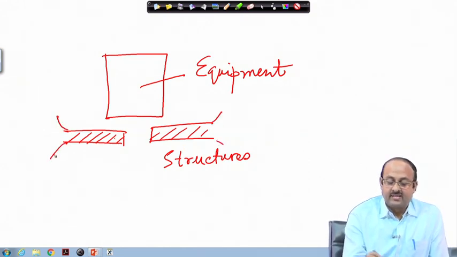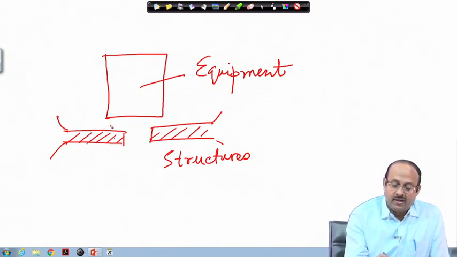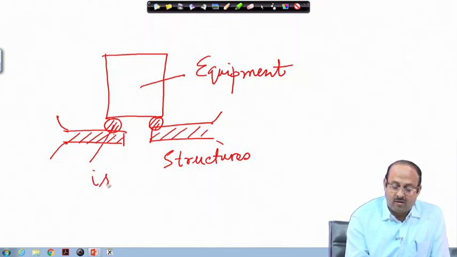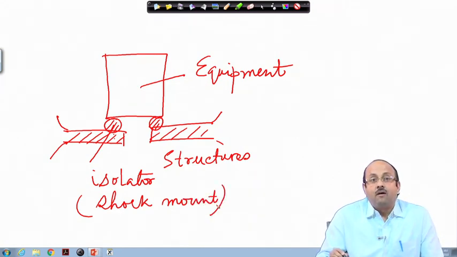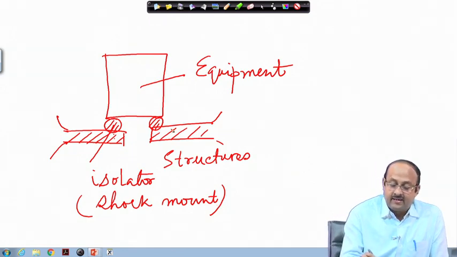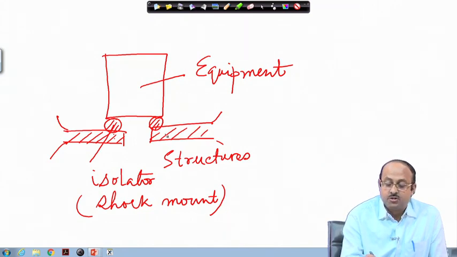So, suppose that it is an aircraft-borne equipment. The aircraft vibration is felt here in the structure, and this is the equipment. So, in the pathway, that is from here to here, we develop a certain strategy whereby the vibration is reduced, and this is done with the help of what is known as the isolator or vibration and shock mount. The basic principle of this vibration isolation is that the motion or the force which is acting on the structure should not be transmitted.